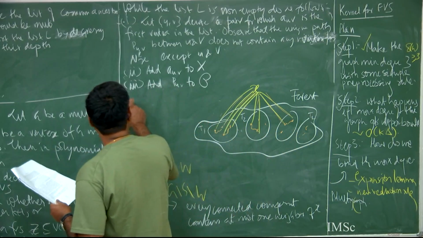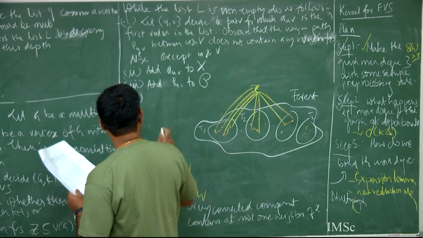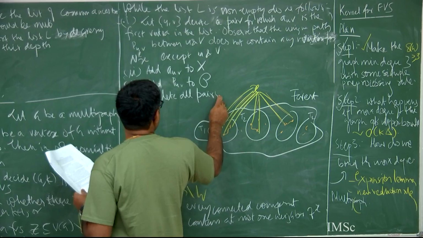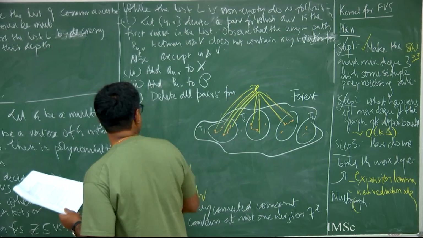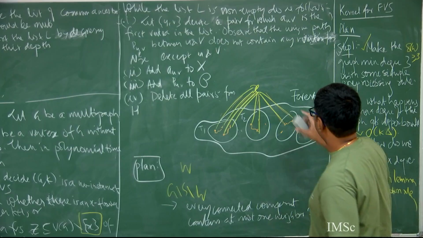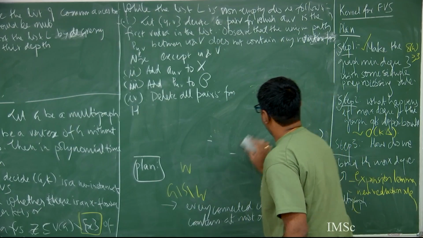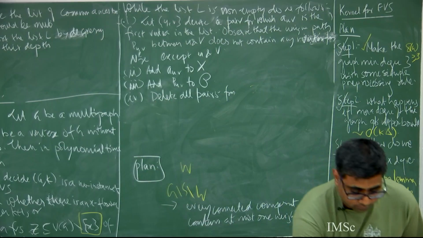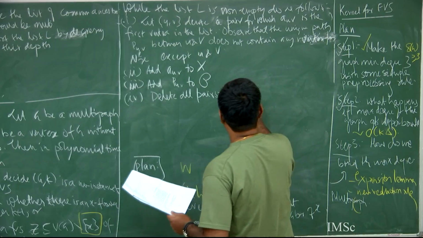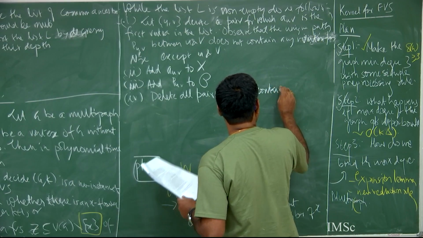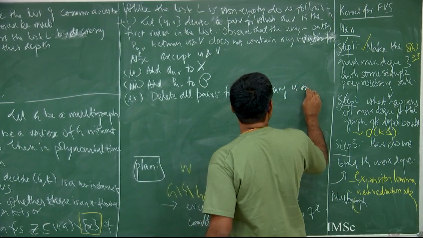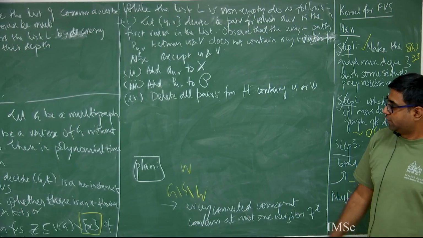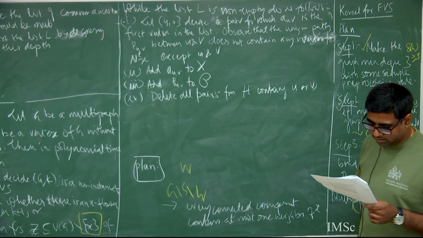And now I do some destruction. Delete all pairs from H containing U or V, because they have already been used, and I want to maintain a certain invariant.